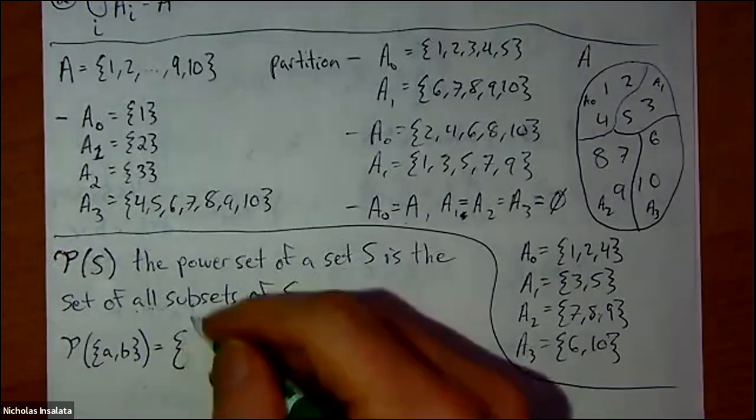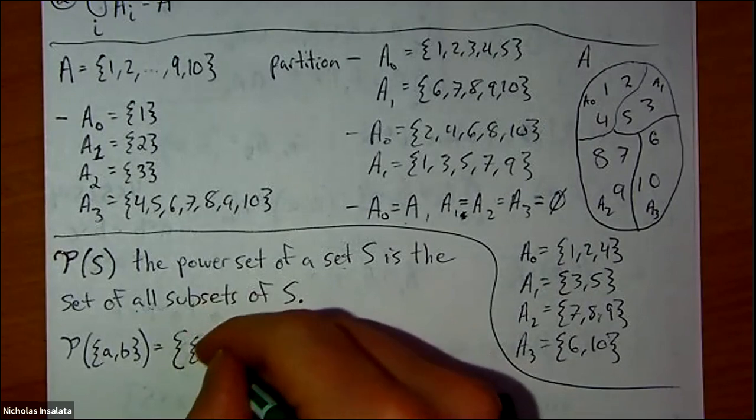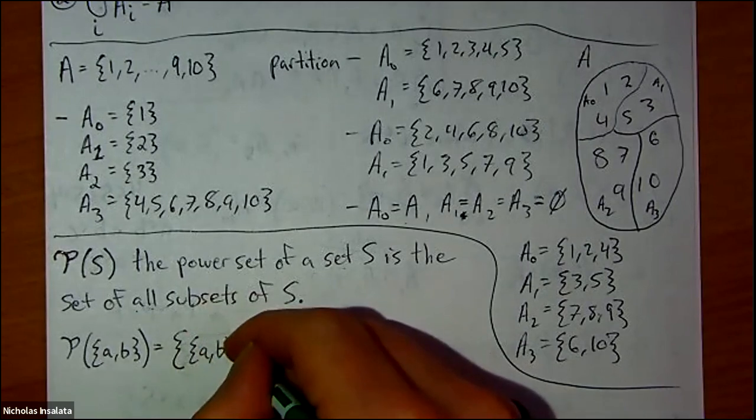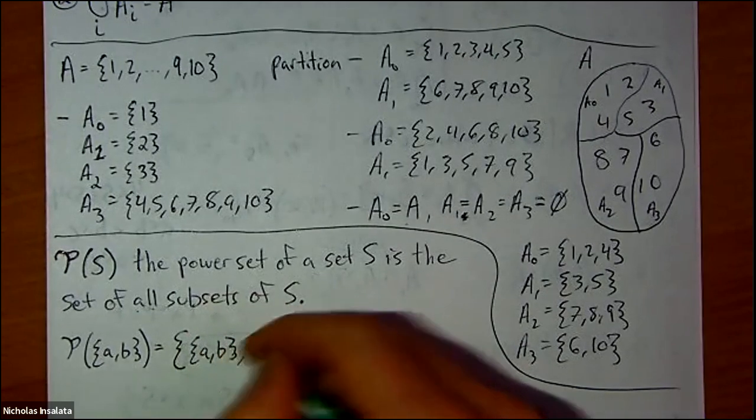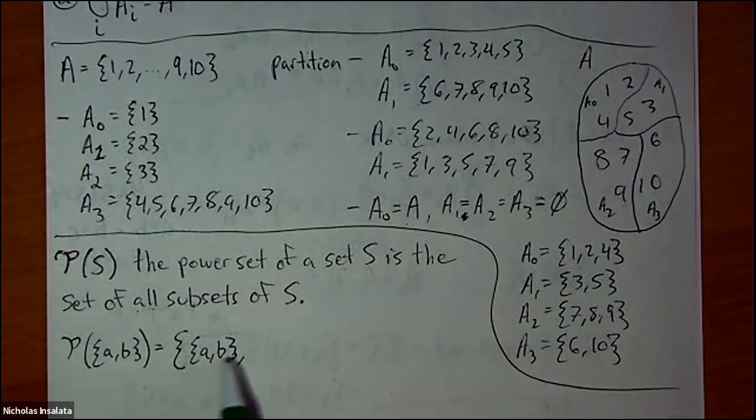AB, that's a subset. So AB, that set is included in the power set. Notice now we have a set of sets, which is totally okay. You can have a set of sets, as much nesting of curly braces as you want, just like C++, right?